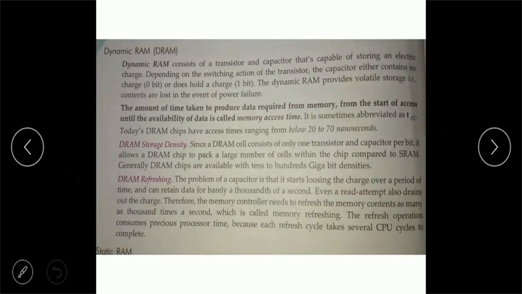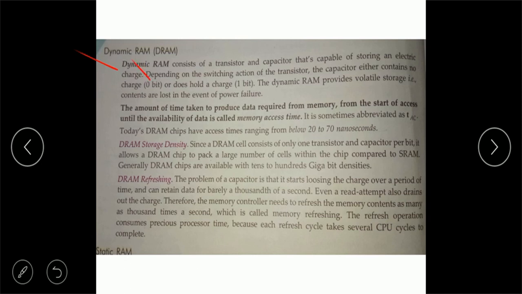Now what is dynamic RAM? Dynamic RAM consists of a transistor and capacitor that is capable of storing an electric charge. Means when it stores electric charge, then it is 1, and when it does not store electric charge, then it is 0. It depends on the switching action of the transistor.